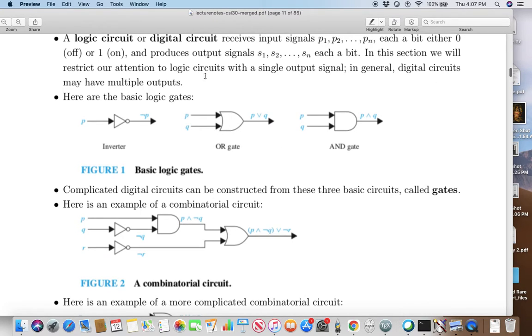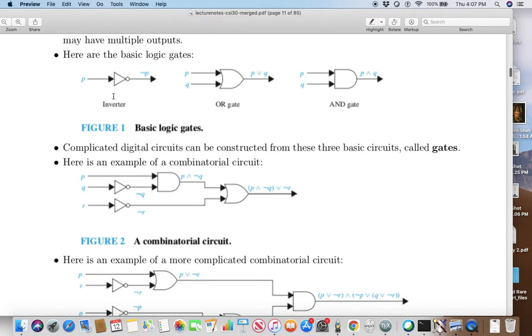In general, digital circuits may have multiple outputs. So here are basic logic gates. P, here is negation, not P. That symbol is for negation.